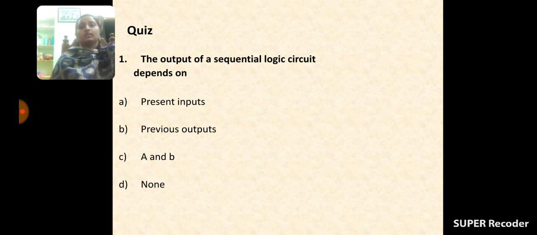Now the multiple choice questions. First question: the output of a sequential logic circuit depends on present input, previous output, A, B, none. My answer is A and B, because a sequential logic circuit depends on the present input as well as the previous output.